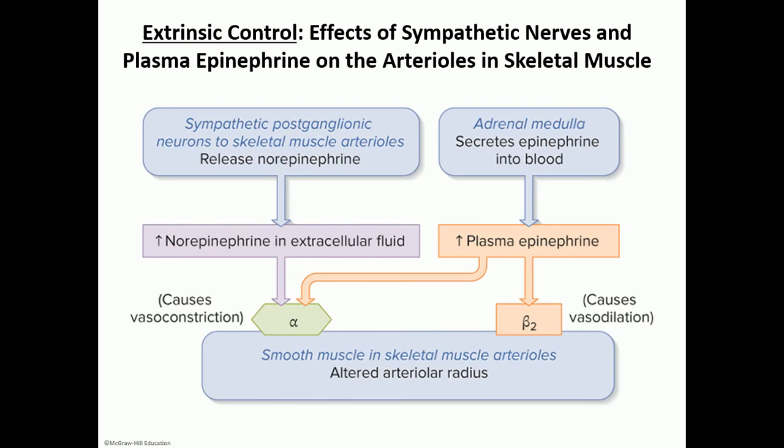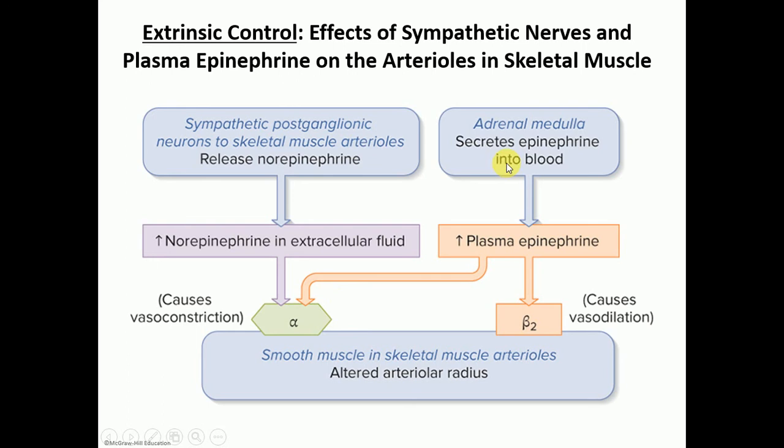Now for the higher control from the autonomic nervous system. The sympathetic nervous system, using norepinephrine, will lead to the stimulation of alpha adrenergic receptors, and that leads to vasoconstriction.